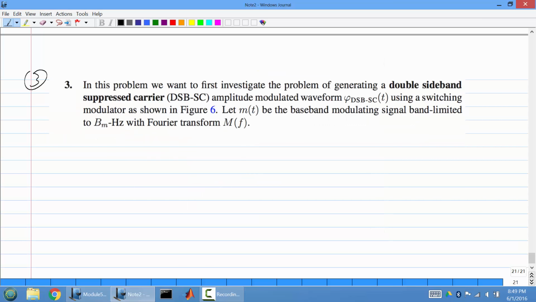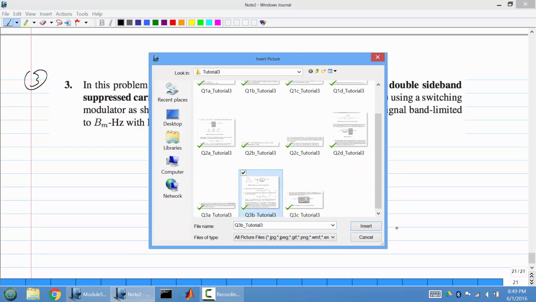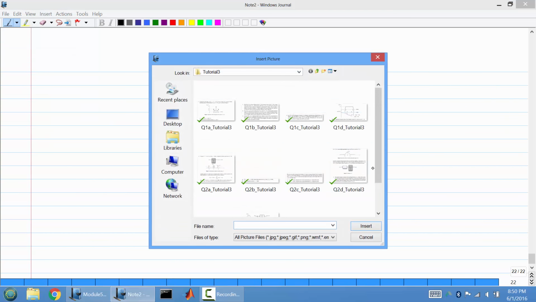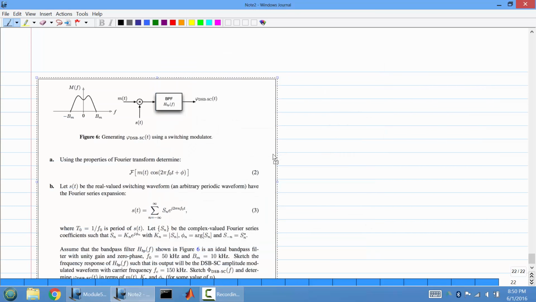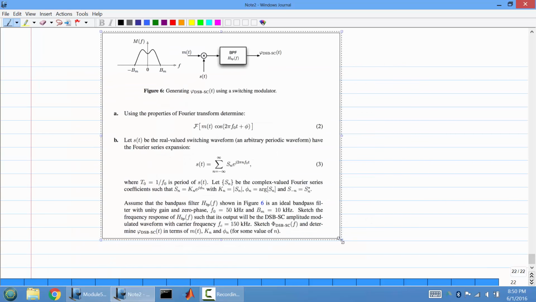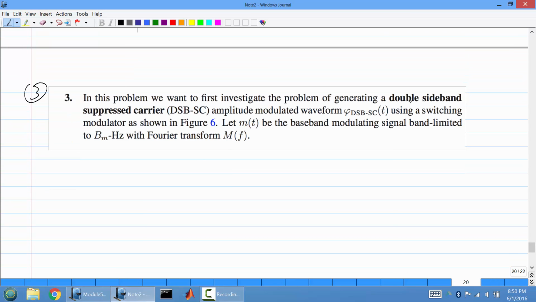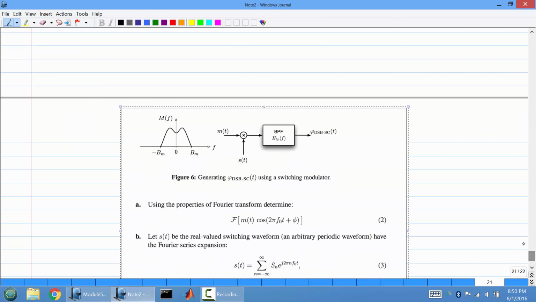So 3. We want to take a look at double sideband suppressed carrier modulation. In this problem, we want to investigate double sideband suppressed carrier modulation, and we have the spectrum that looks like this.